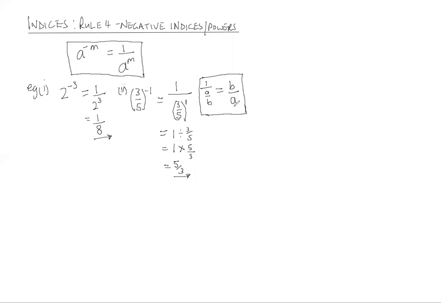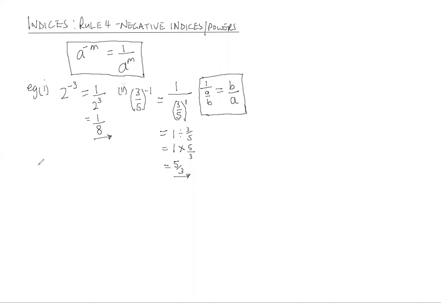Very important for you to know this. So you don't need to go all the way down the long way. So 1 over 3 over 5, you can simply jump to the bottom here so that it becomes 5 over 3 without going through all these steps. But it's necessary for you to know that it is through these steps that we get to our answer there.